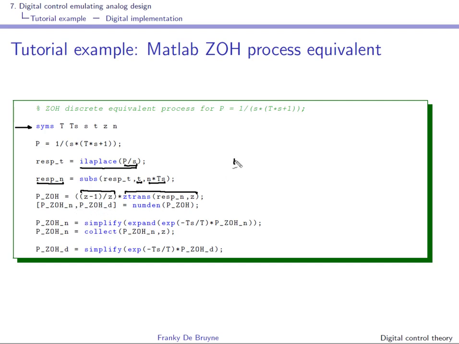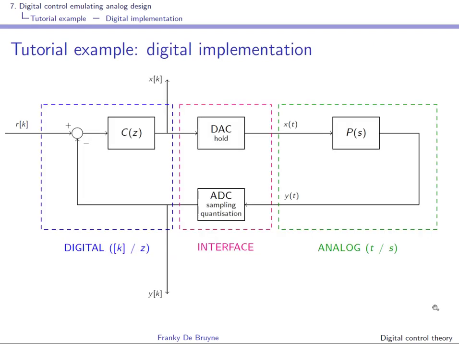So what you obtain is this zero order hold equivalent description of the process that we have found in the slides by hand calculation, and where a and b depend on the sampling period and the time constant.